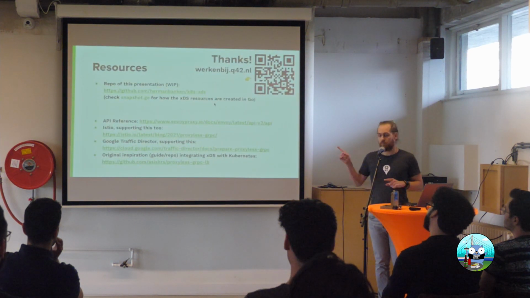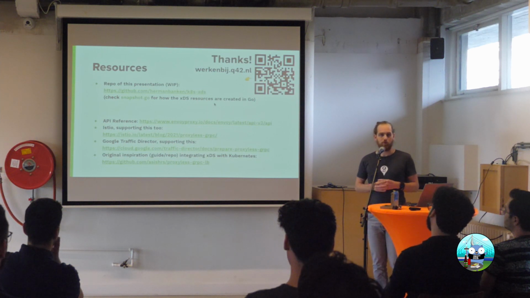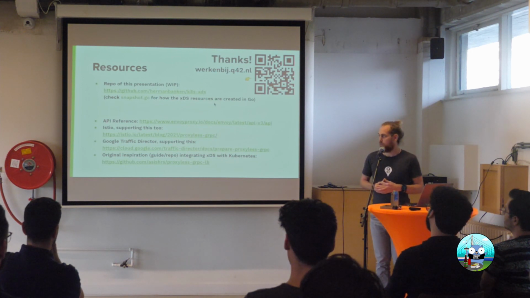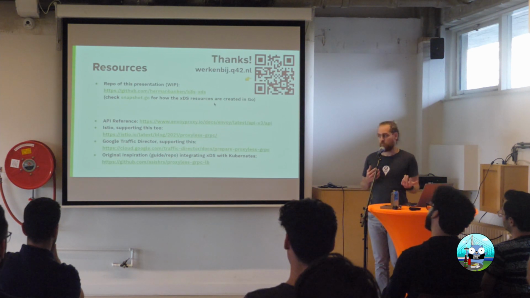So the repository of this presentation is at my GitHub. If you want to learn more about this example, go to snapshot.go, because there you see how the snapshot is created with the resources. There are some very nice API references for Envoy, which also explain how to create these things for xDS, of course.